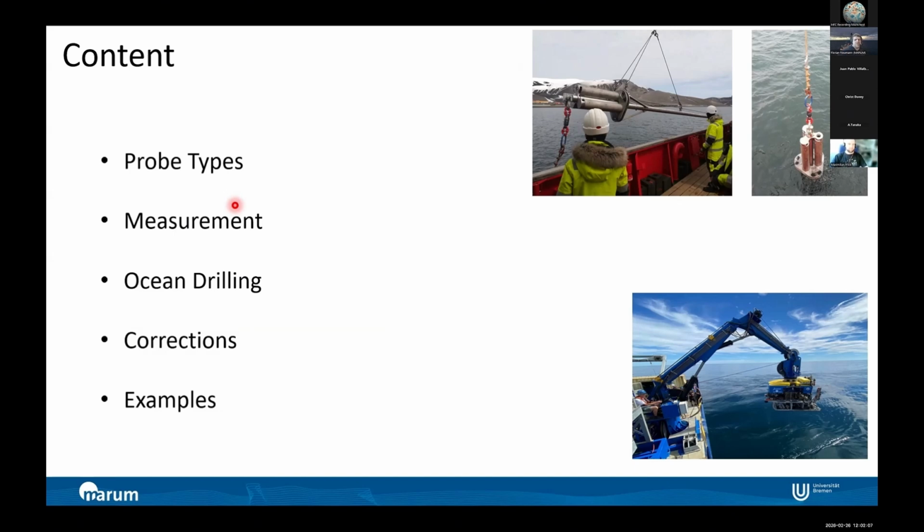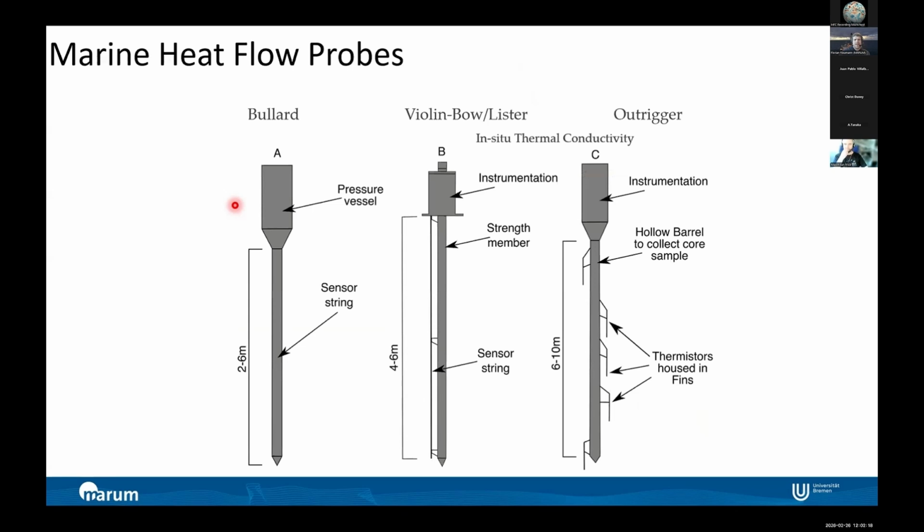I briefly talk about corrections or perturbations to the marine heat flow measurements, and then I have some examples for the different techniques or the different probe types I have been involved with. There are in my opinion three types, and there are several variations of those three types.